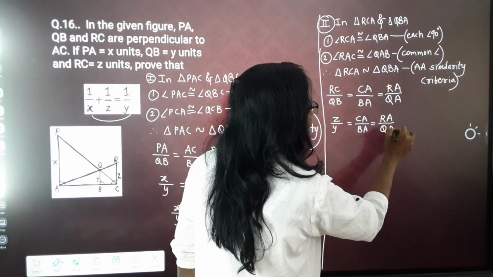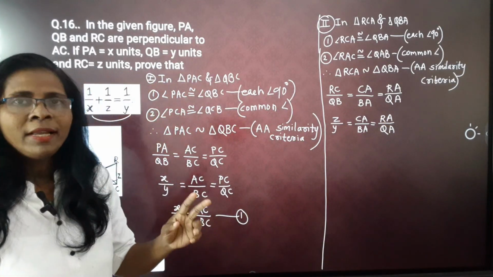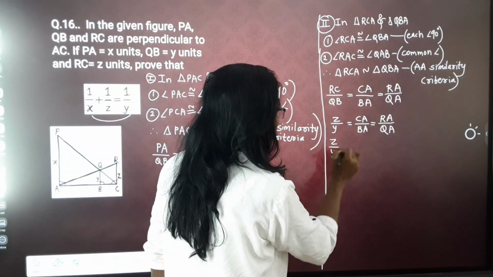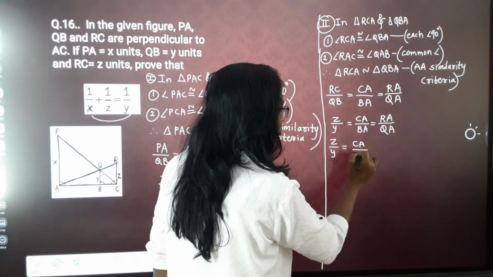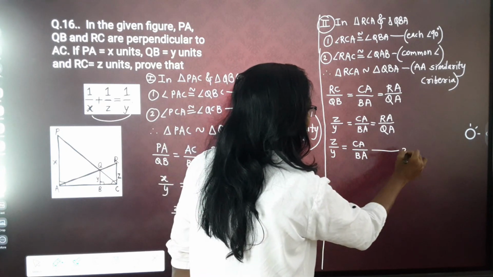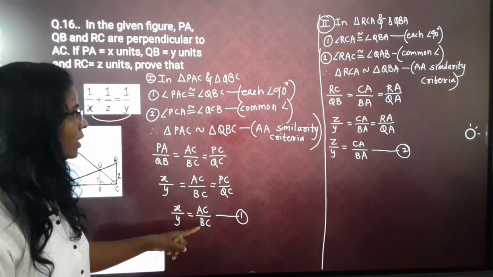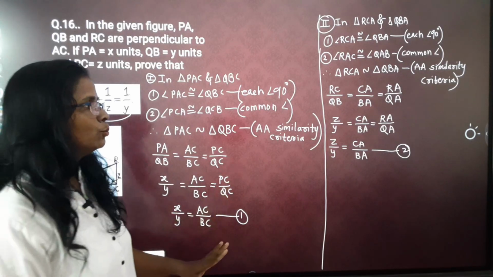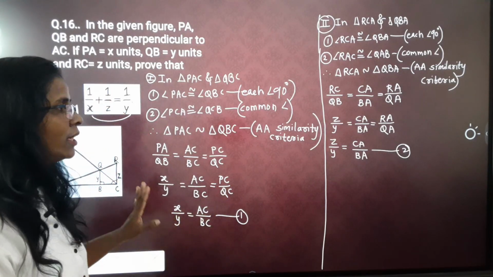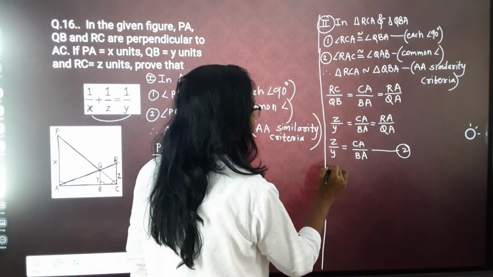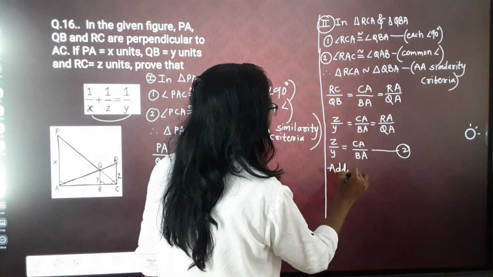But here we want two equal ratios because they are useful to solve this. So Z upon Y is equal to CA upon BA. Okay, that is the second one. Now from 1 and 2, the next process will be adding 1 and 2.